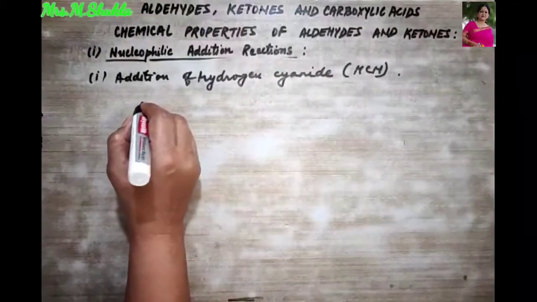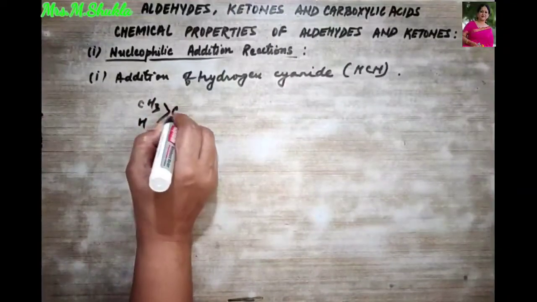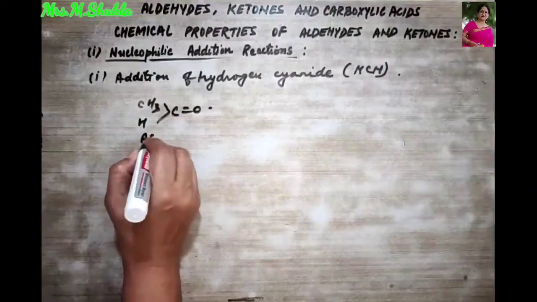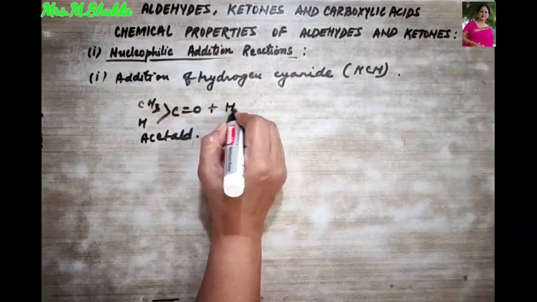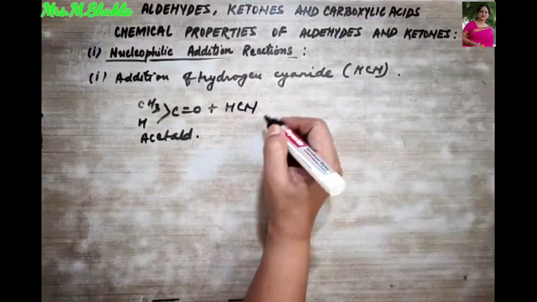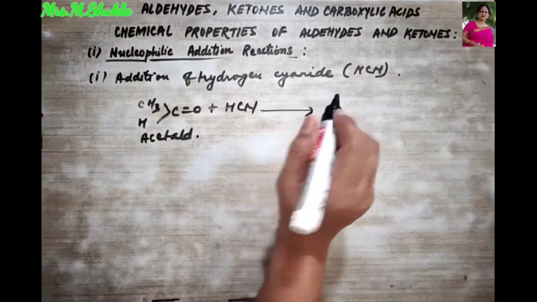So let us look at the reaction. CH3CHO, that is C double bond O. What is this? Acetaldehyde. When treated with HCN, that is hydrogen cyanide, it is supposed to give us cyanohydrin.